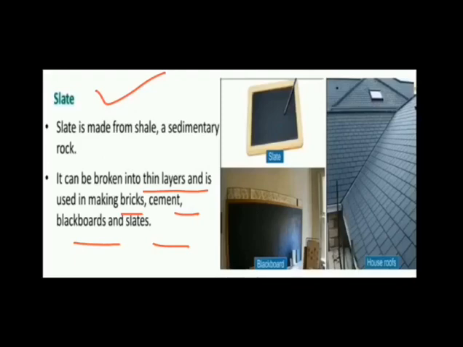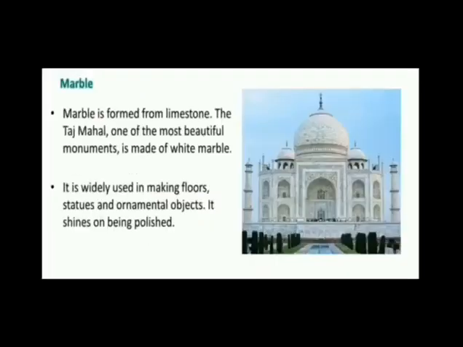Okay, now the next type of metamorphic rock is marble. So the marble is formed from the limestone. The Taj Mahal, one of the most beautiful monuments, is made of white marble, and it is widely used in making floors, statues and ornamental objects. It shines on being polished. So marble is the transformation of limestone.